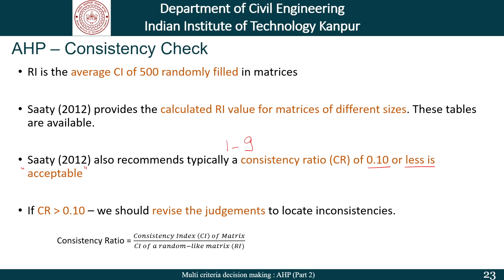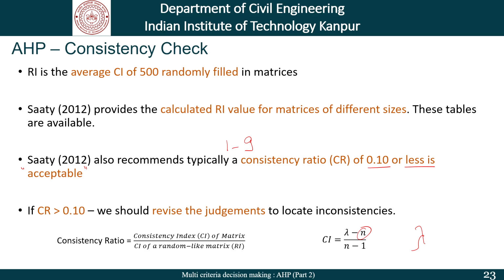We have already seen that CR is given as the consistency index of the matrix under consideration divided by Ri, where Ci is given by lambda minus n divided by n minus 1. N is straightforward. Let us discuss how we determine lambda, that is the principal eigenvalue.